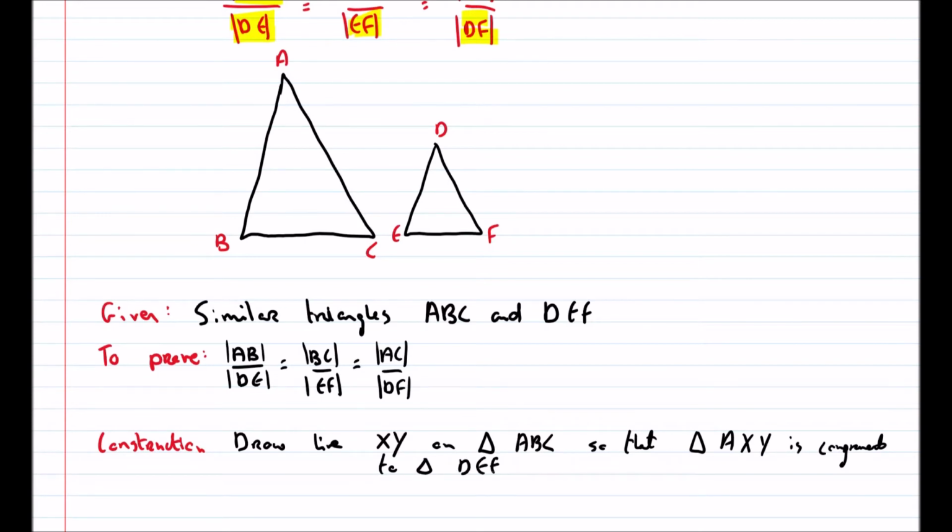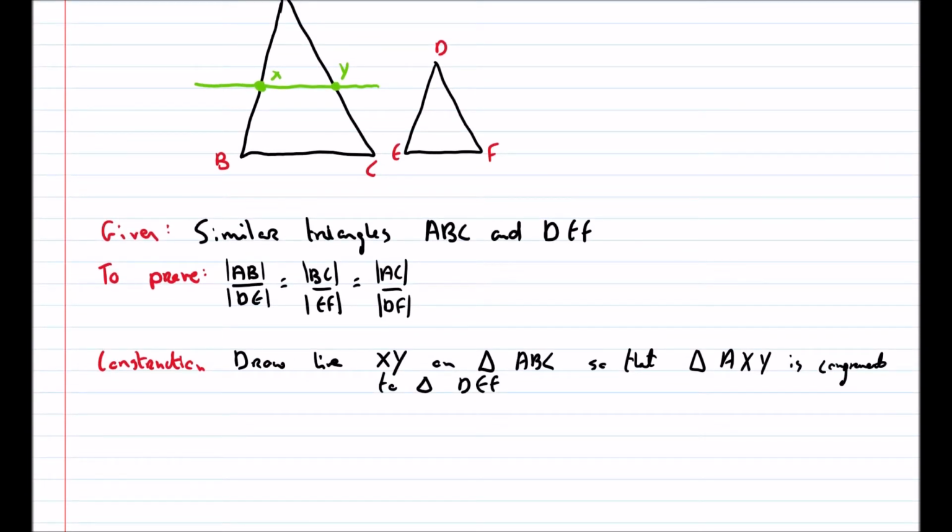What I mean by that is I'm going to draw a line here. This here will be X, this here will be Y. Now, this triangle here, the AXY, is congruent or the same as this triangle here, DEF. And that was my aim all along.